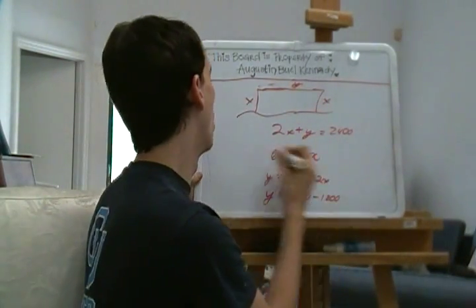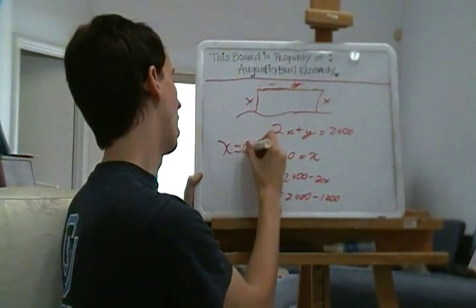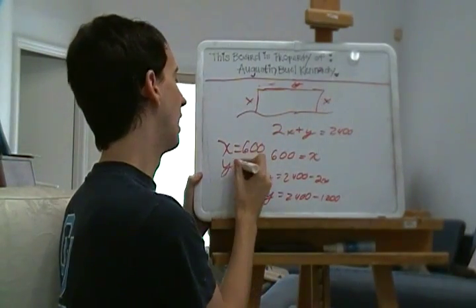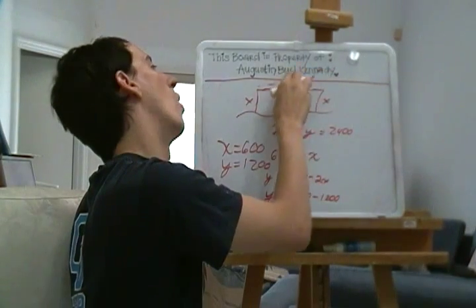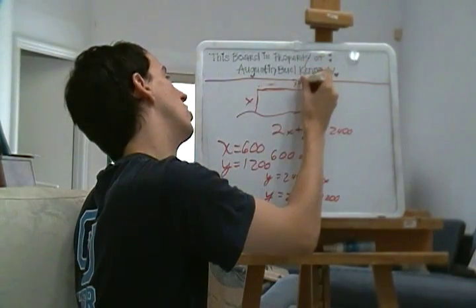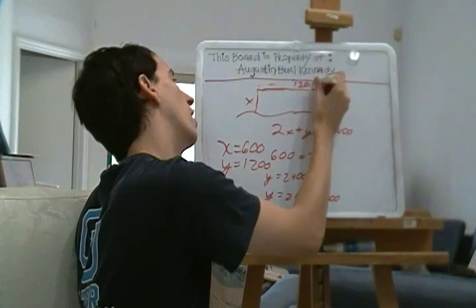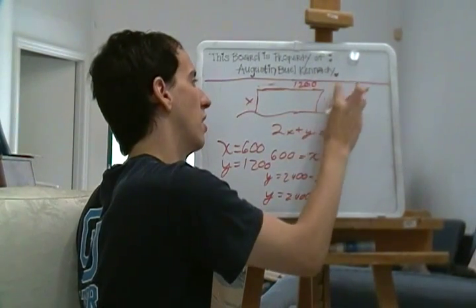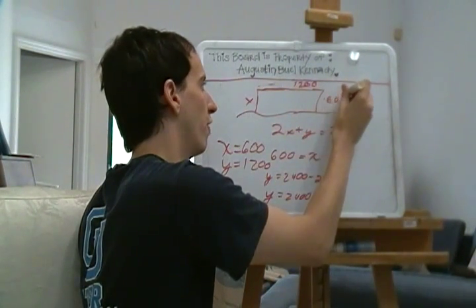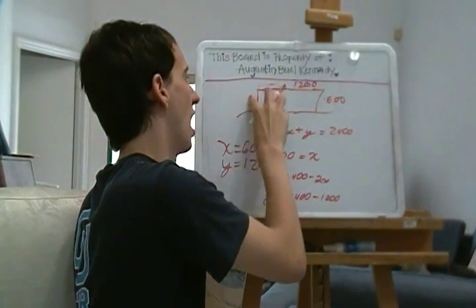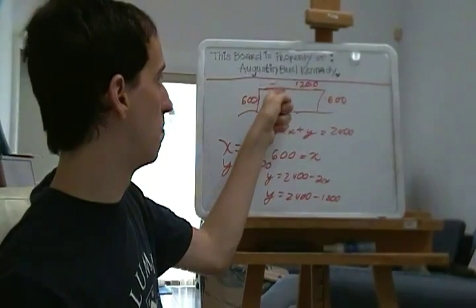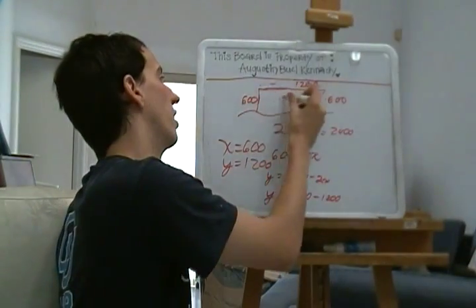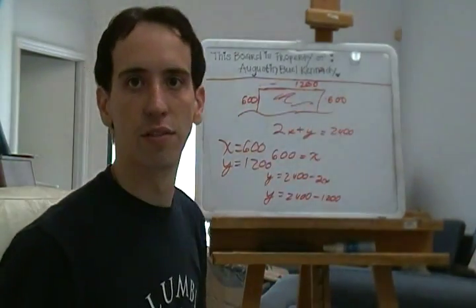So x equals 600, y equals 1200. Meaning that this side, y, must be 1200 feet long, this side must be 600 feet long, and this side must be 600 feet long. And that is the largest possible area that you can have.